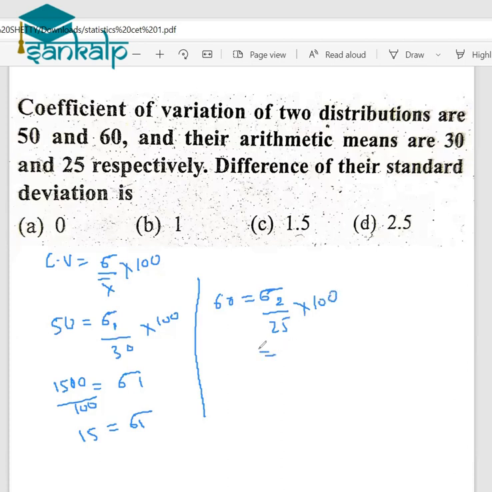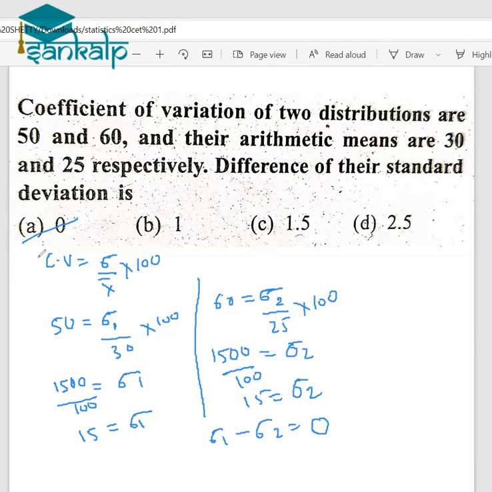So 25 6s are 150, and so sigma 2 divided by 100. So again the value of sigma 2 is equal to 15. So sigma 1 minus sigma 2, they have asked us to calculate the difference of the standard deviation. So 15 minus 15 will be equal to 0. So the right option is option A.